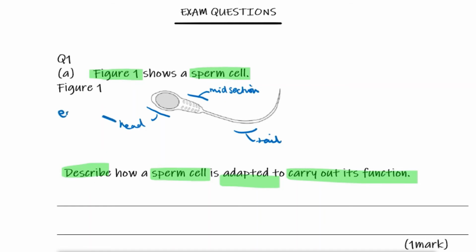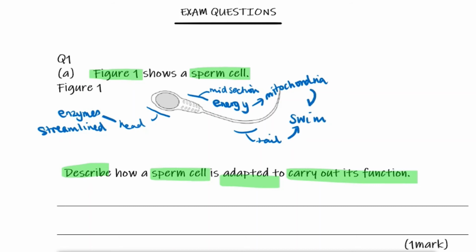Well, we remember enzymes, we remember streamlined. For the midsection, we remember energy, we remember mitochondria, and for the tail, we remember that it can swim.